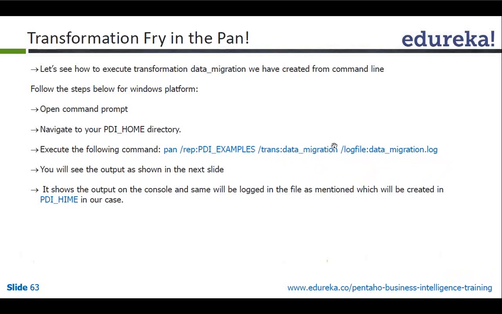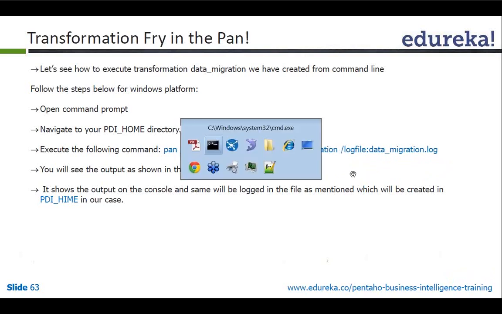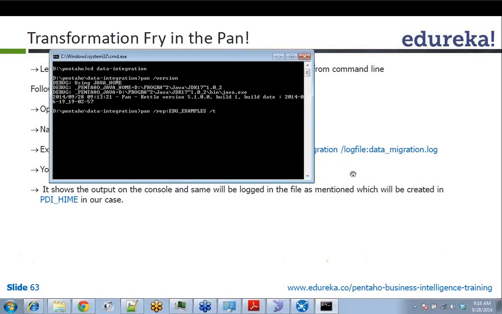In our case it is ETL job 1. Trans and ETL job 1. So you don't need to give the extension here.